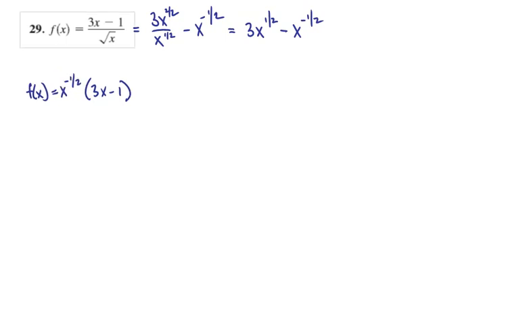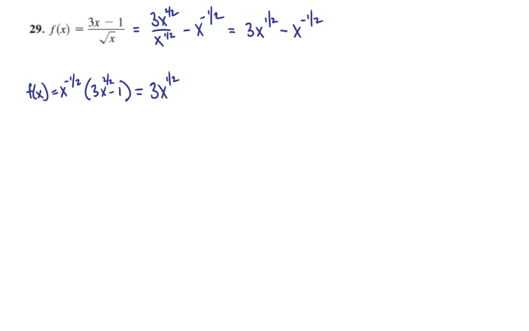And just to show that that works, I will distribute the x to the negative 1/2 to the 3x. And so we'll get 3. When we multiply two numbers with the same base, we add exponents. And so x would be x to the first, or x to the 2/2. So when we multiply two numbers with the same base, we add, and that would give us negative 1/2 plus 2/2, which would be x to the 1/2.